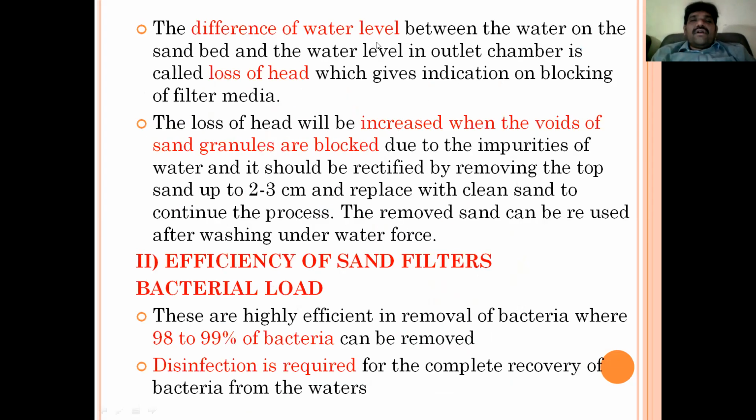The difference of water level between the water on the sand bed and the water level in the outlet chamber is called loss of head. When the loss of head is increasing, it means blockage of sand has happened, and that has to be removed. How much must we remove? Simply 2 to 3 centimeters.